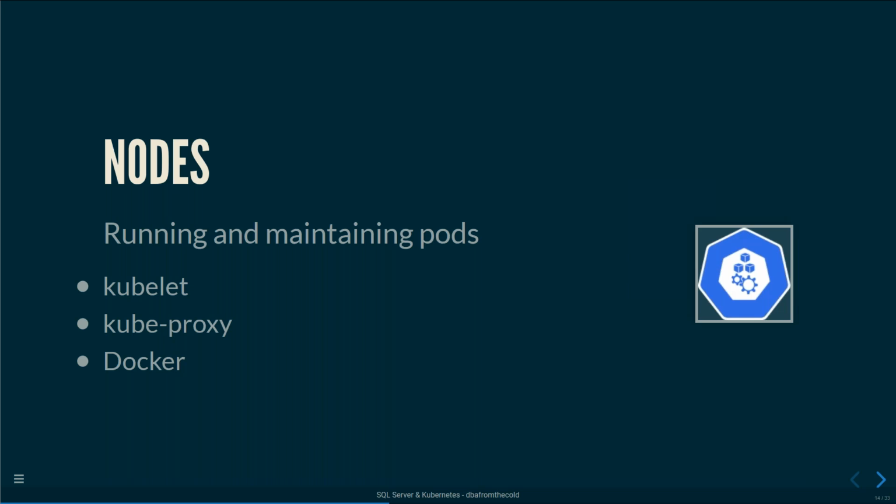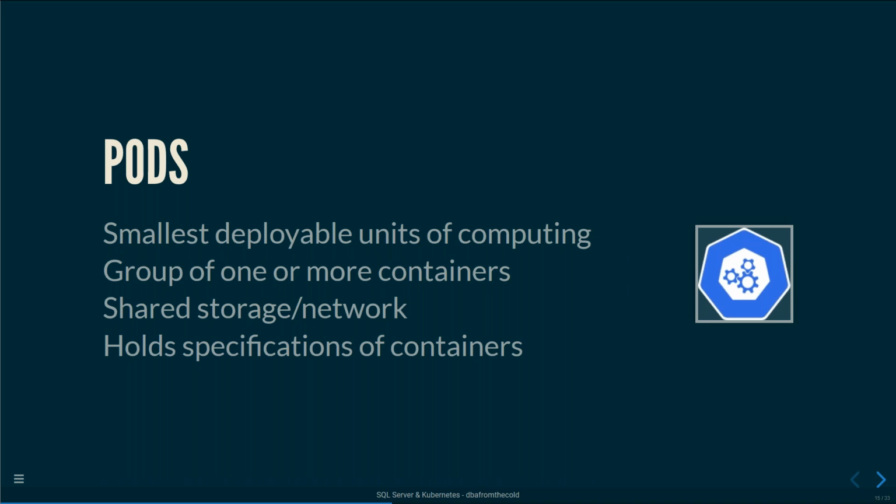So we have our master controlling our cluster. We have our worker nodes where we deploy our pods. I keep saying that word, pods. What is a pod? The way I remember what a pod is, think what the image for Docker is. And the image of Docker is a whale. A group of whales is a pod. And that's what a pod is. A pod is a group of one or more containers.